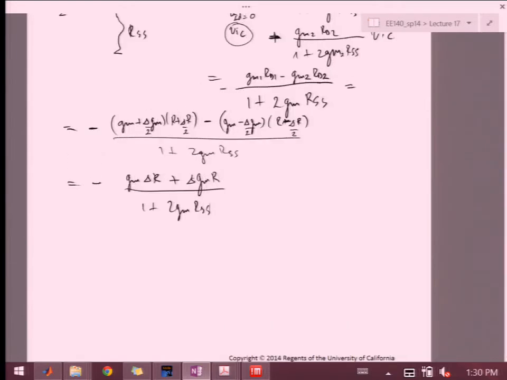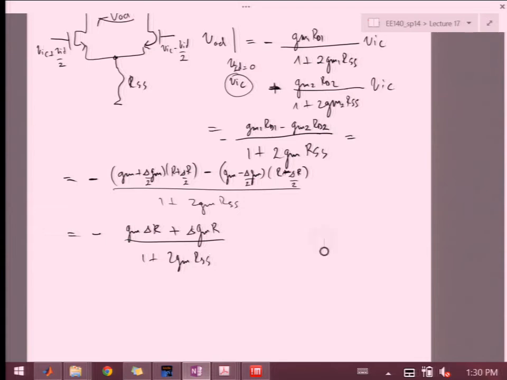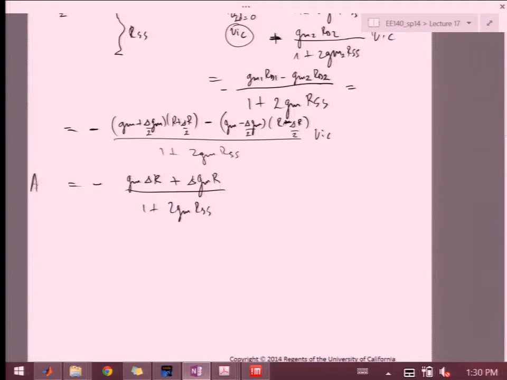So now you see that essentially this VOD, and we'll say VIC here, we'll say that the common mode to differential mode gain equals this, and also equals VOD over VIC for VID equals 0. Right?